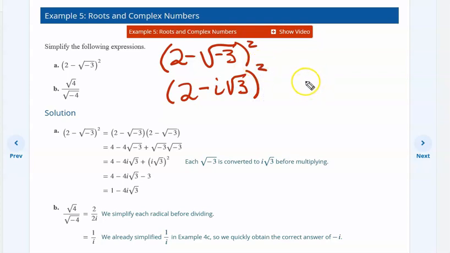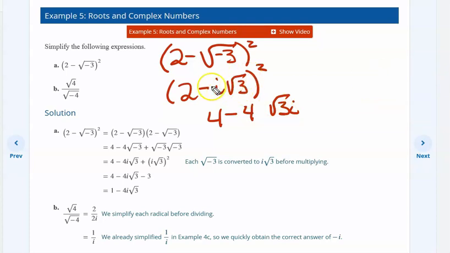That would be better. Now, squaring this, we get 4. Multiplying these two together, we get a negative. Double this, 4i, the square root of 3. And we can put that i there better, I think. Let's do that.